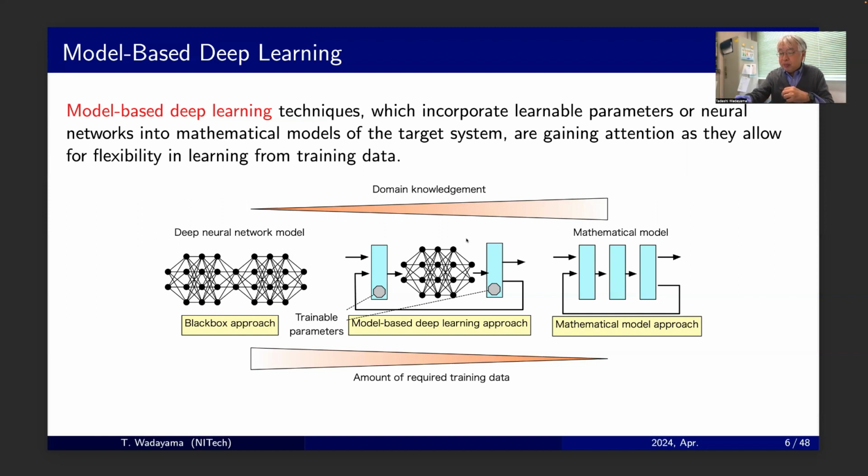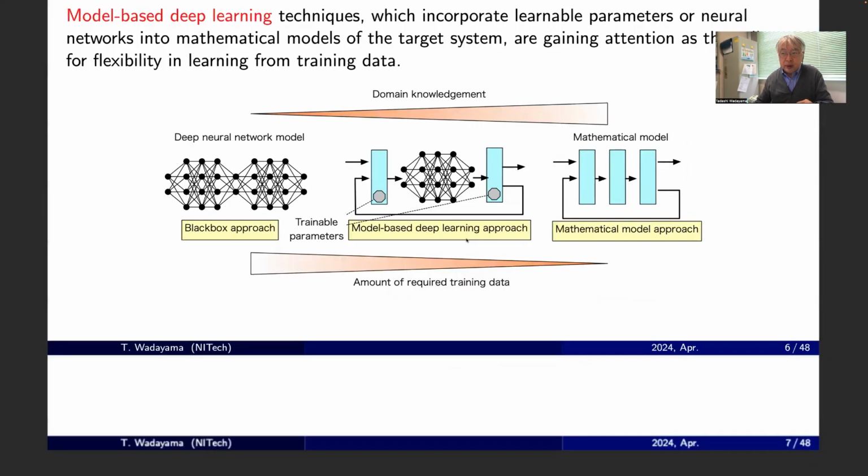At the bottom of the picture, you can see the requirement of data is illustrated. In the case of a black box approach, we need lots of training data, but in the case of model-based deep learning, we need less data for training.